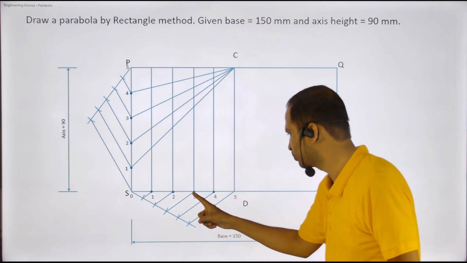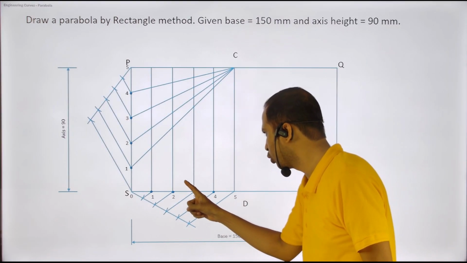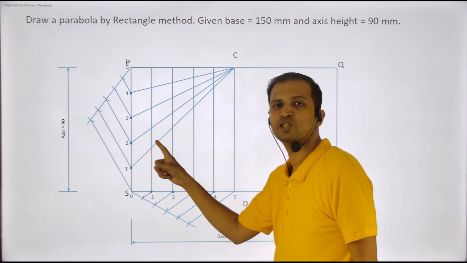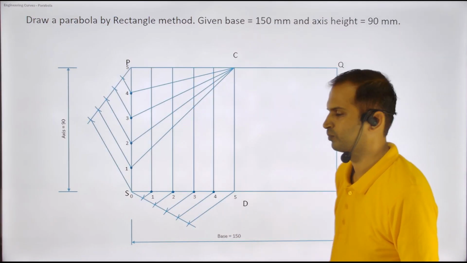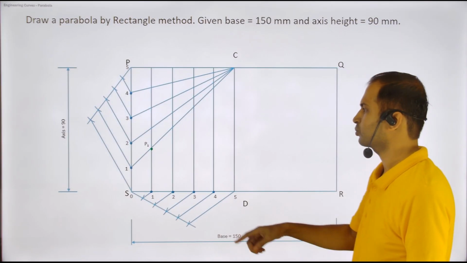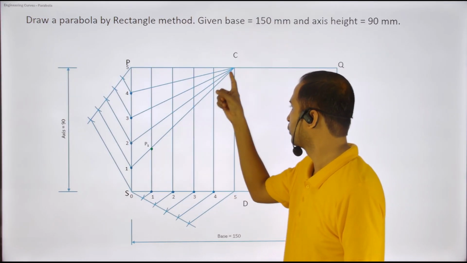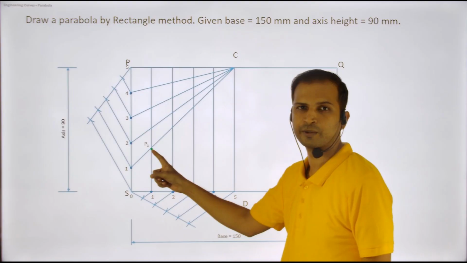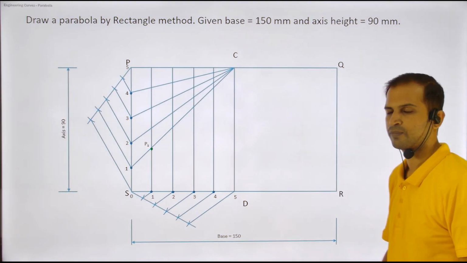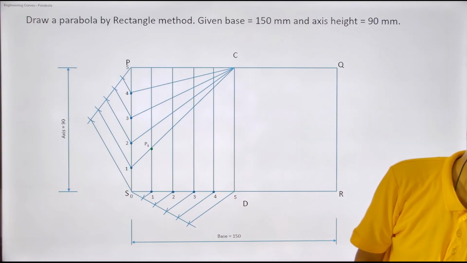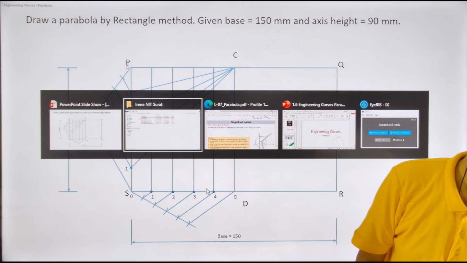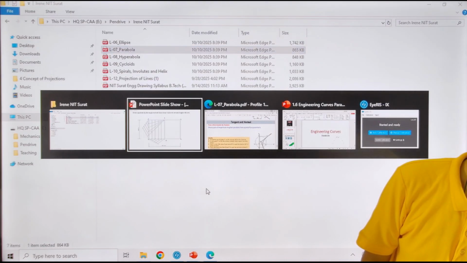When the projection passes through this and intersects this line, that is the point which we get. One should be coming like this, and one like this. This is point number 1. It was different. I will show you.